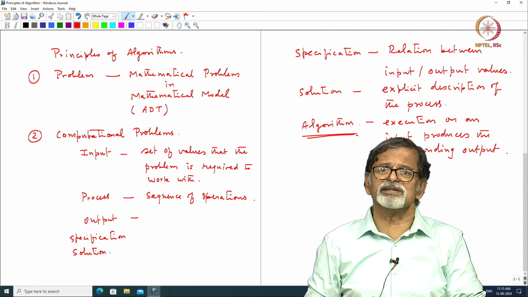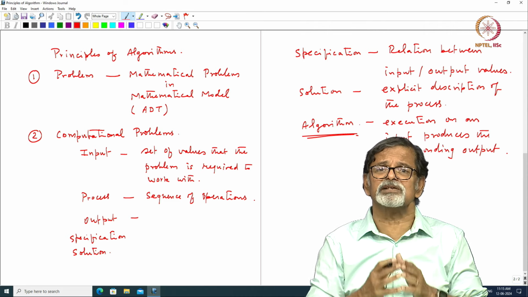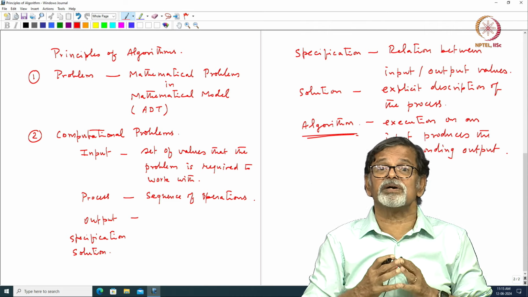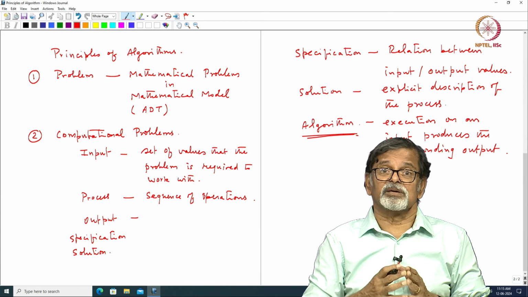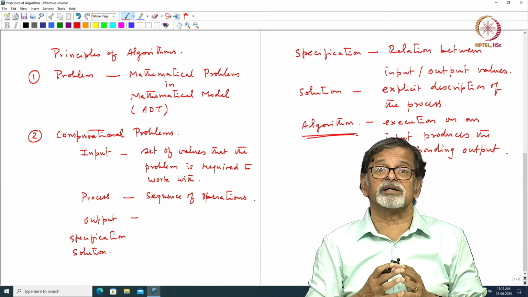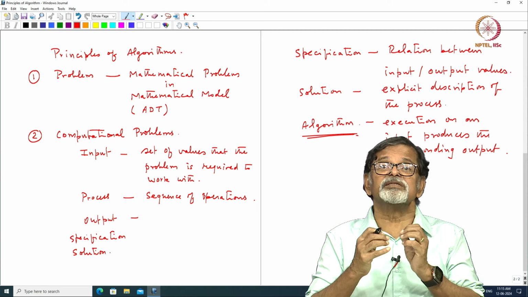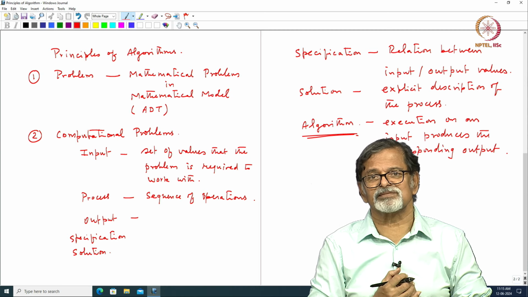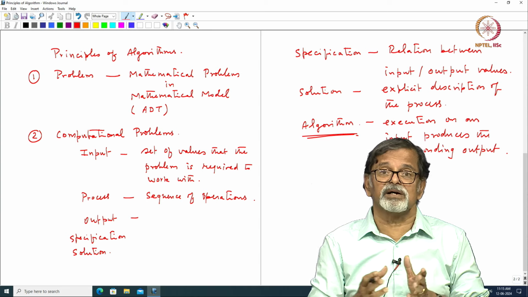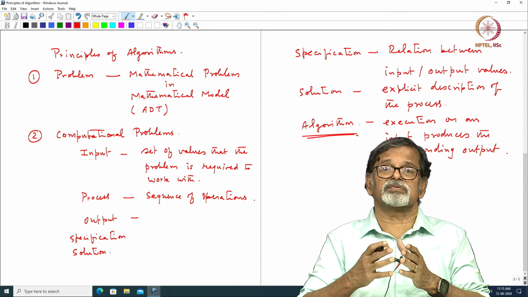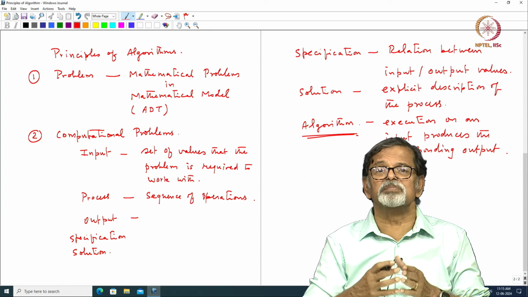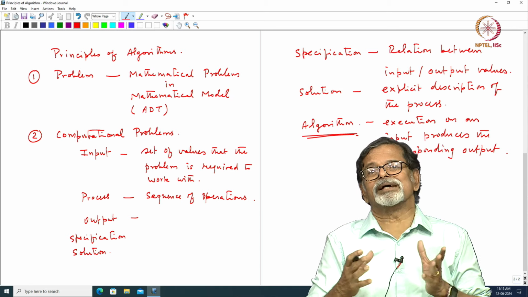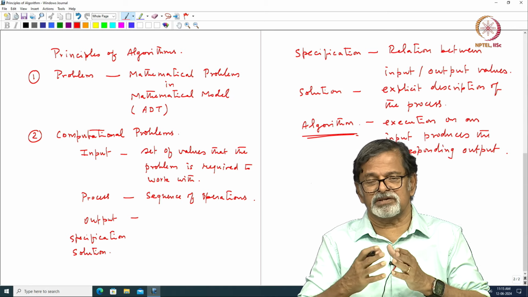And then, since we are using computers, it is important that we carefully look at the use of physical resources. Okay? That is because execution of a program on a computer is going to take a lot of memory locations.